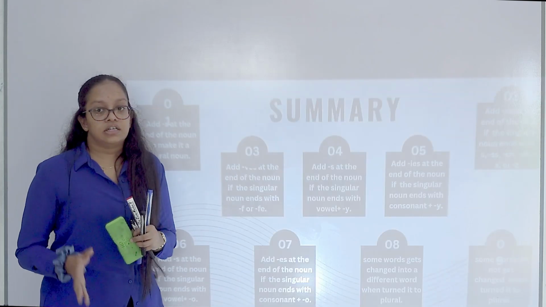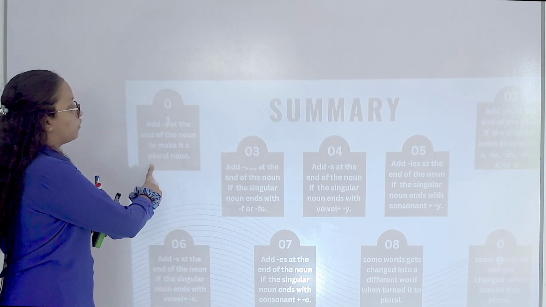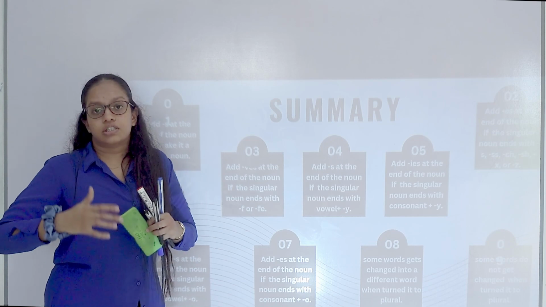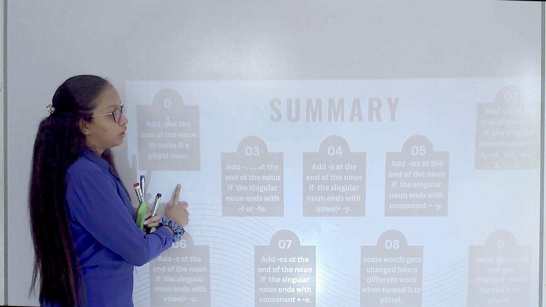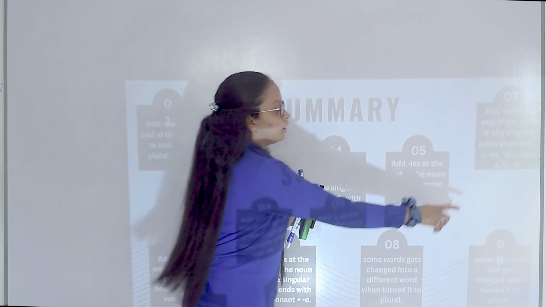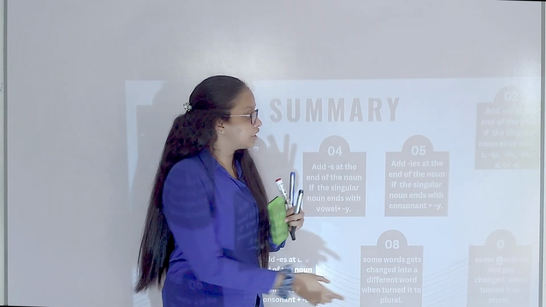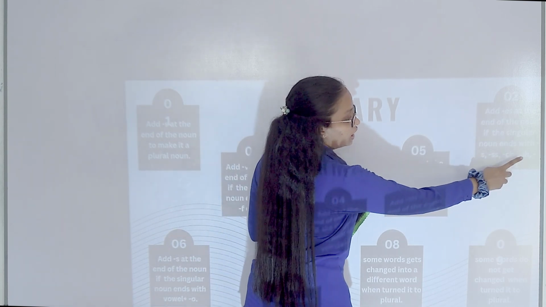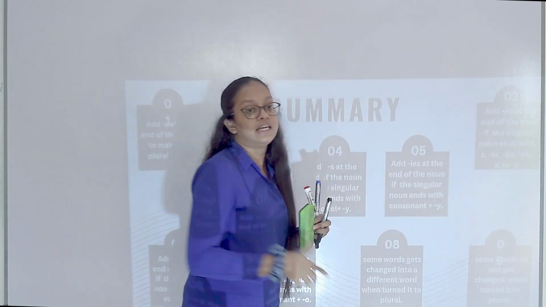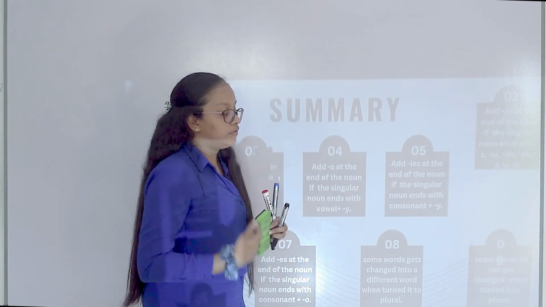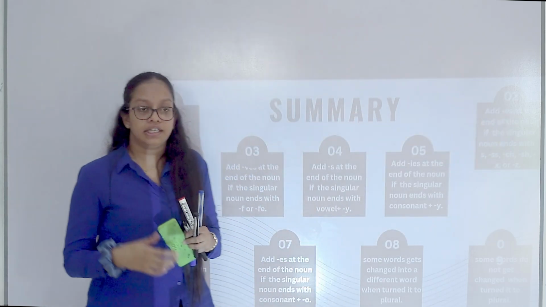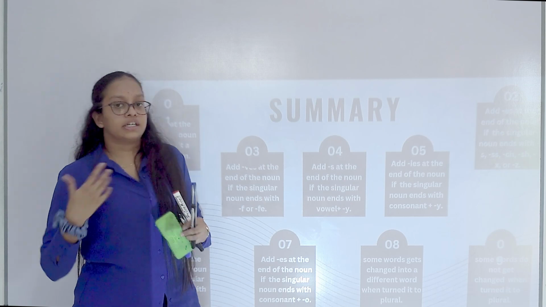So let's summarize today's lesson. So first we learned we are just adding S at the end of the singular noun when we are turning it into a plural noun. As the second rule, we learned if the noun has S, SS, SH, CH, X or Z at the end of the noun, we are going to add ES at the end of the noun to make it a plural.